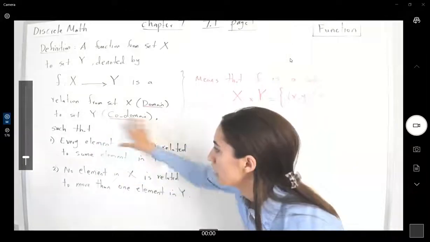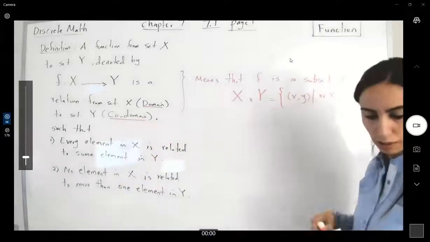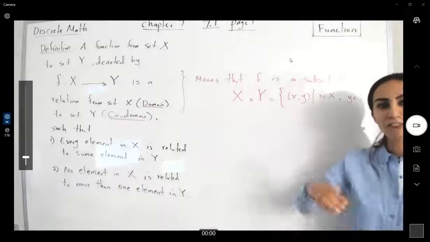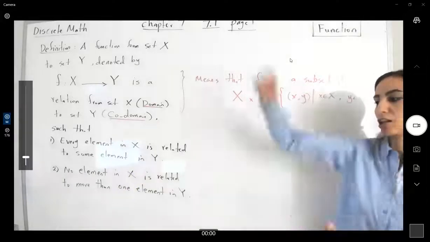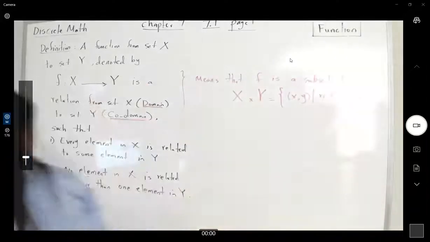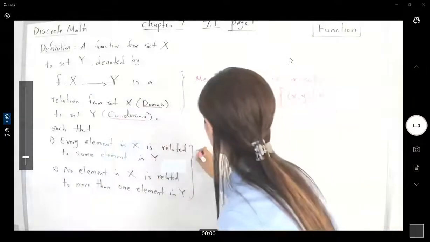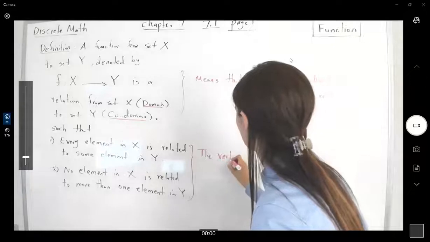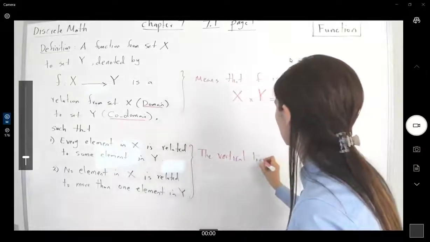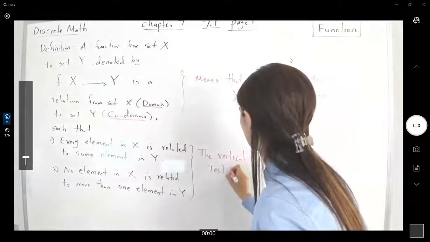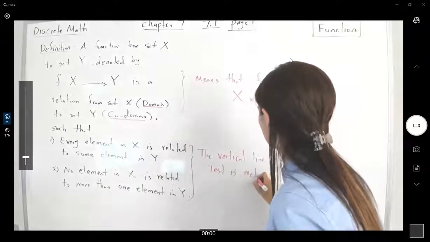So what's the meaning of these two conditions? It means that the graph passes the vertical line test. Equivalently, the vertical line test is met.